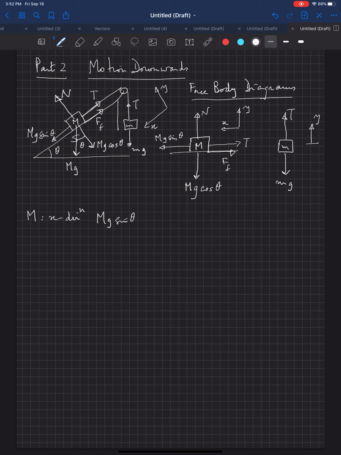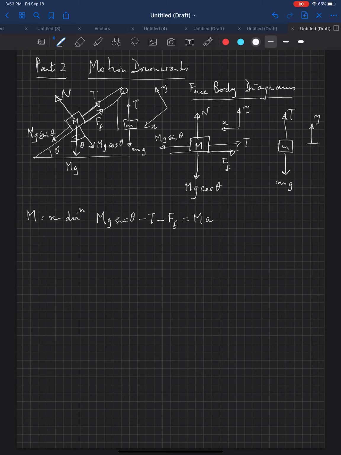Now I'm summing all the forces in the x direction for the object M. Then there's minus T in the negative x direction, minus Ff in the negative x direction, and this is equal to the mass of the object times the acceleration of the object. Okay, now the acceleration of both objects is the same because they're tied by this string. All right, so I'm not going to say a sub x, I'm just going to call it a.